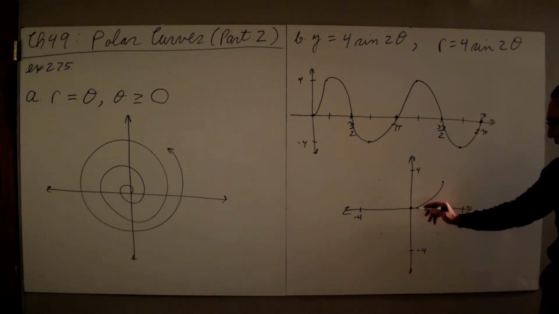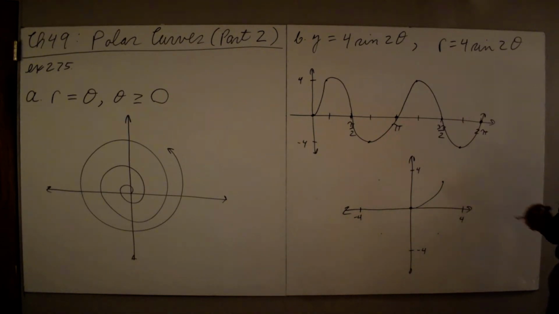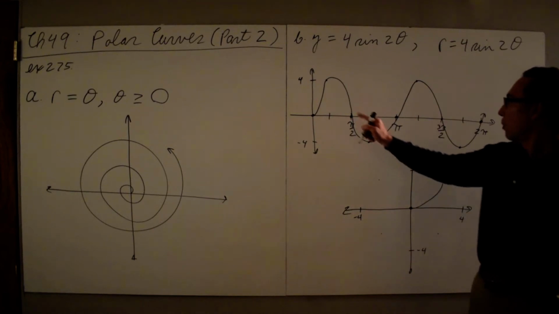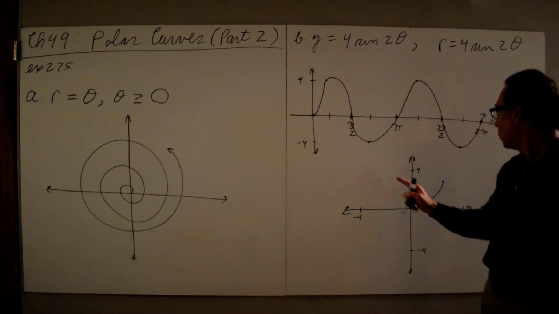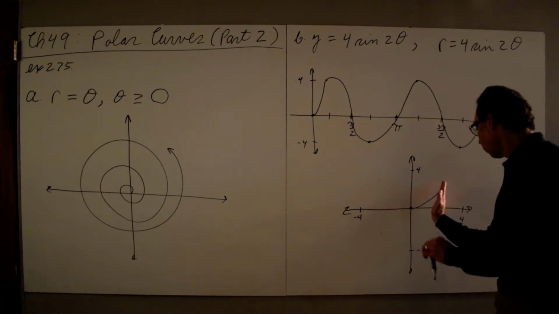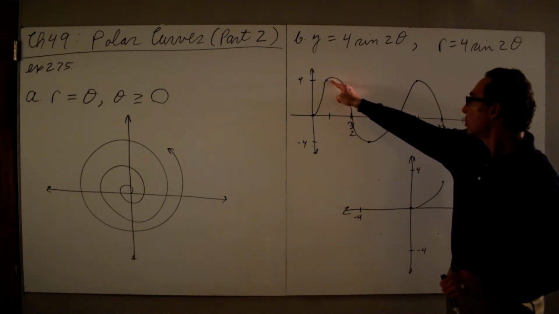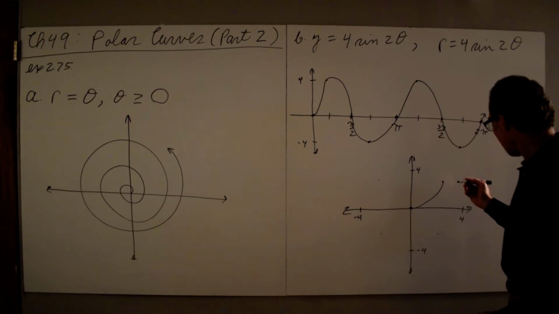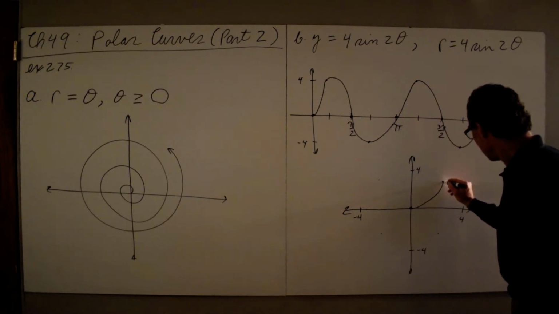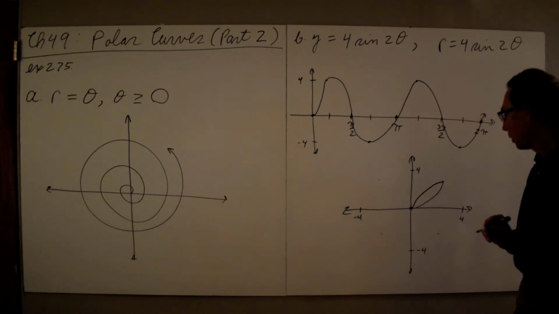As theta goes from pi over 4 to pi over 2, r decreases from 4 back to 0. So we have this.